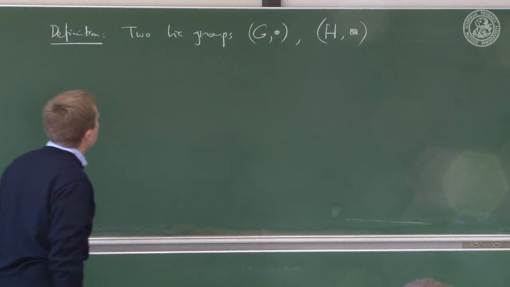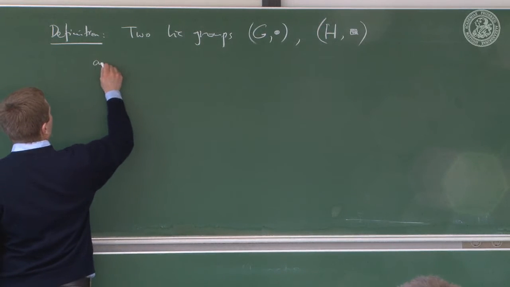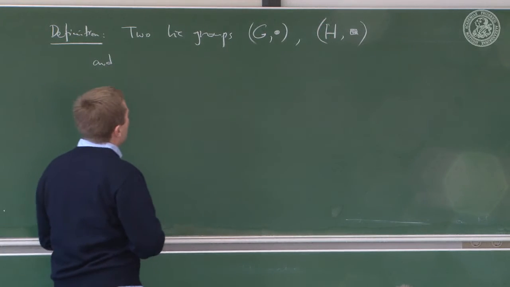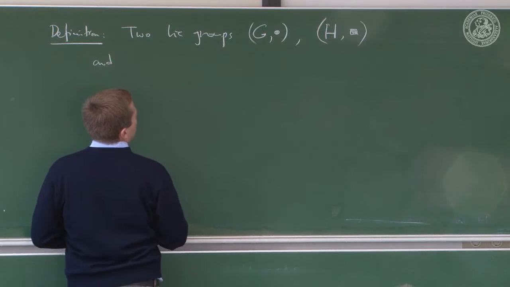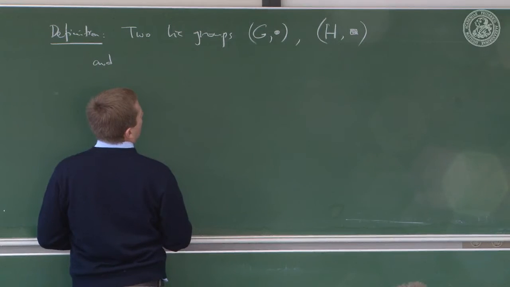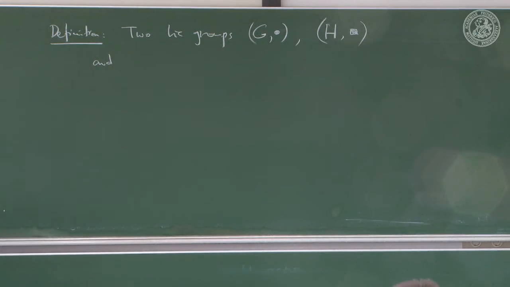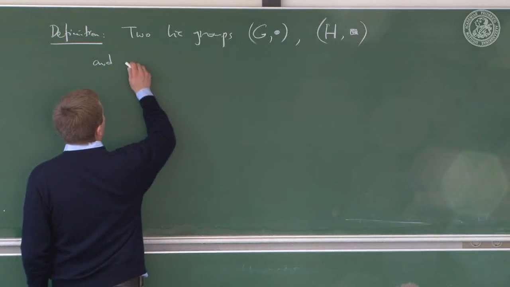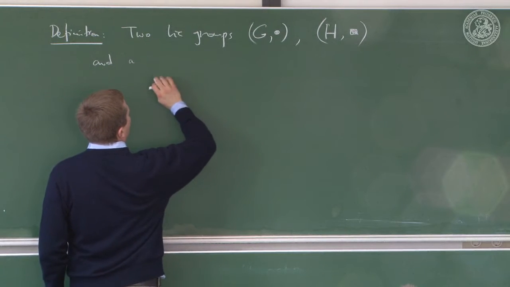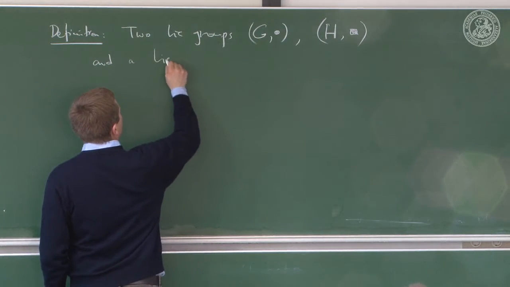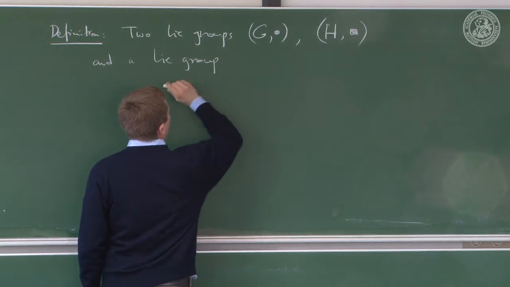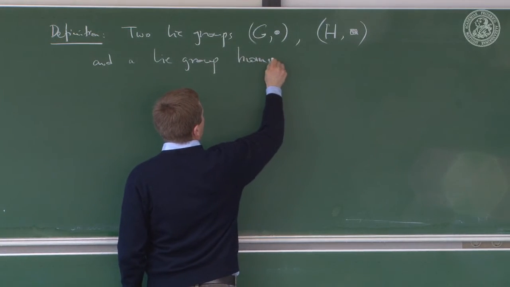Okay. And let's assume we also have a Lie group homomorph. No, let's make it a bit more tricky. Let's have two Lie groups and a Lie group homomorphism.